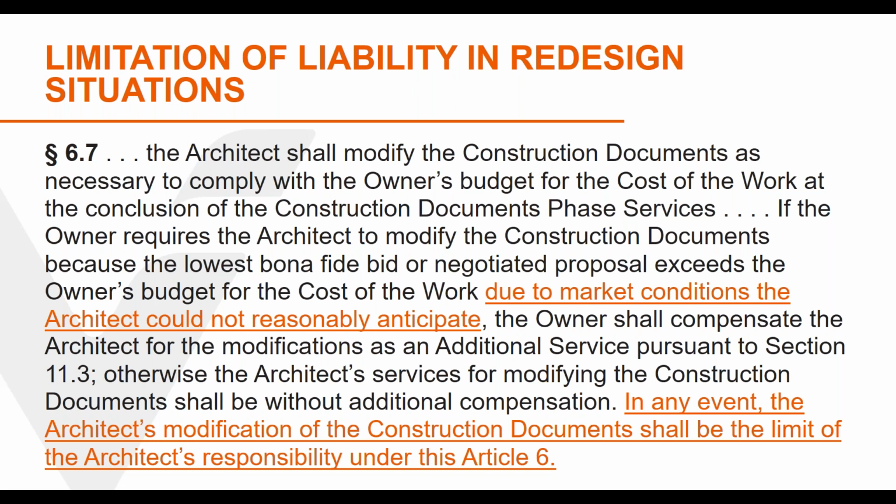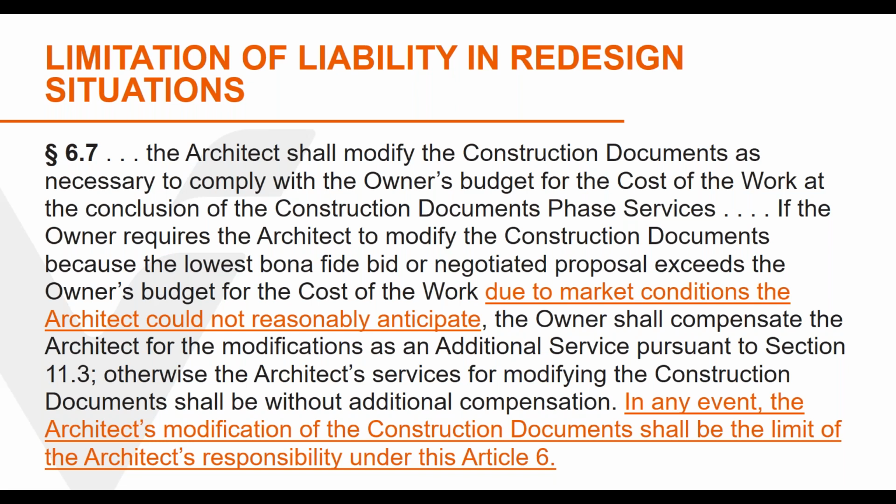So in 2017, the language was changed so the architect would be paid for redesigning unless the architect could have reasonably anticipated that bids would be high. And everyone knows that construction costs are soaring, so architects using the B101 will end up redesigning for no fee or fighting with the client about this obligation. But the important language is that last sentence.